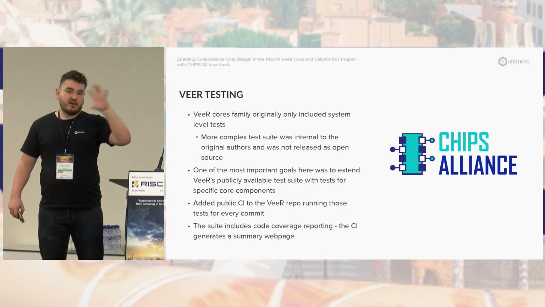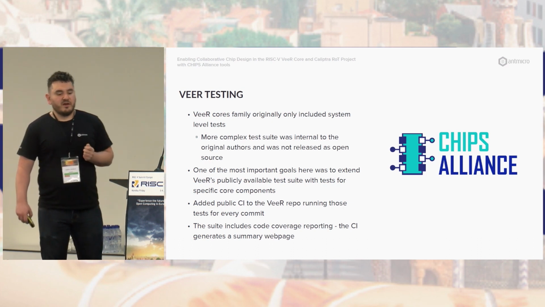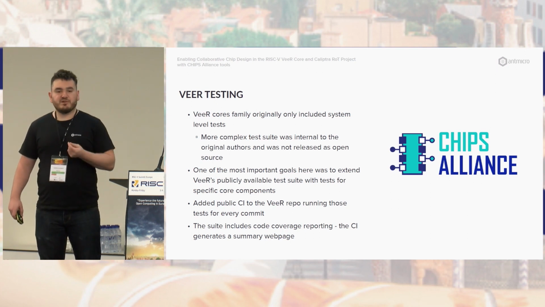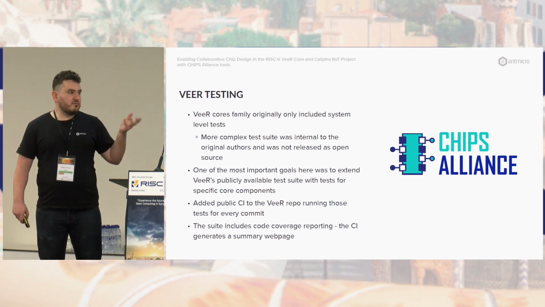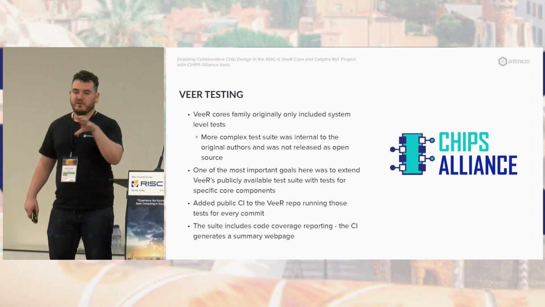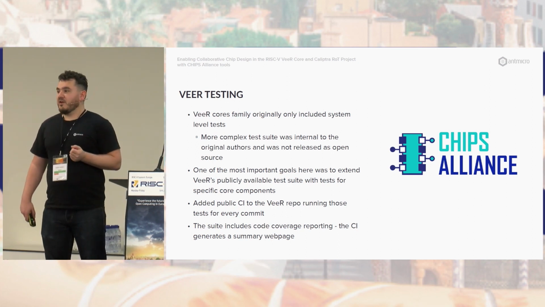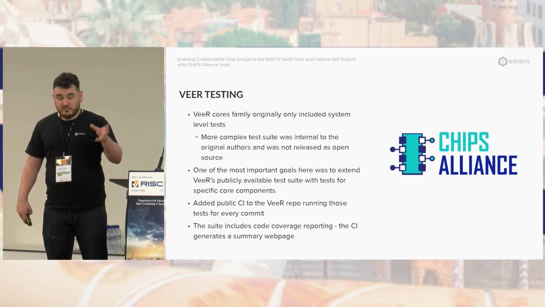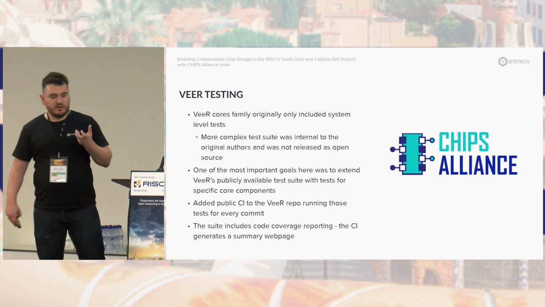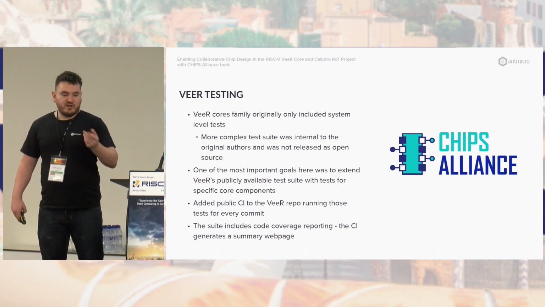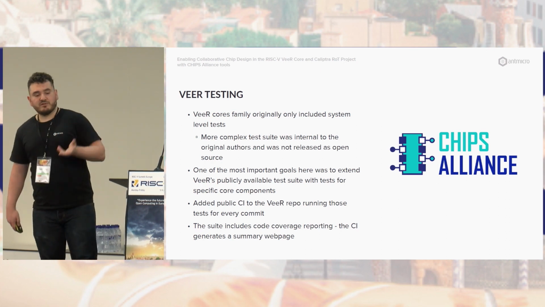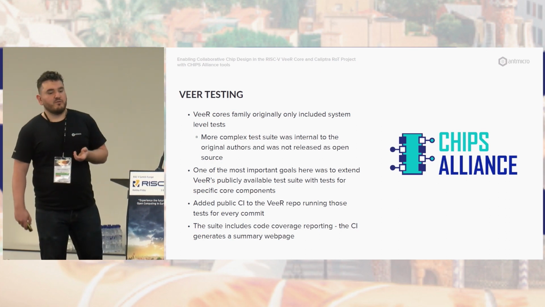There were only high-level, system-level tests. So within the project, it was actually pretty important to extend that. So we started adding smaller tests, testing various pieces of the system. It's already there. It's integrated with public CI. Not every single part is tested right now, but we have a coverage report so we can see what's missing, and we're still working on getting that fully tested.